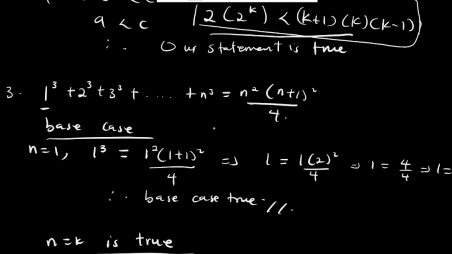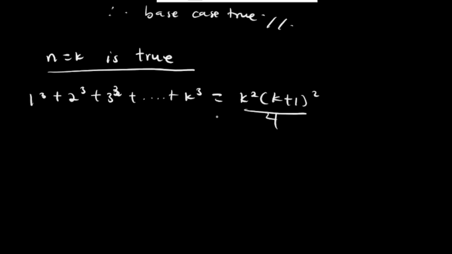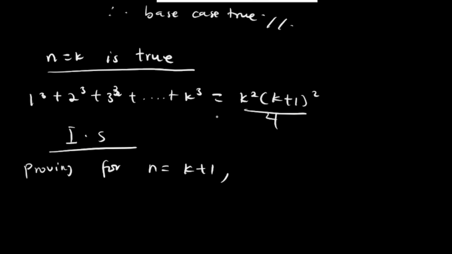So we just substituted this side, and once we have this, we can come to the inductive step. So proving for n is equal to k plus 1, our series becomes 1 cube plus 2 cube plus 3 cube plus up to k cube, right?